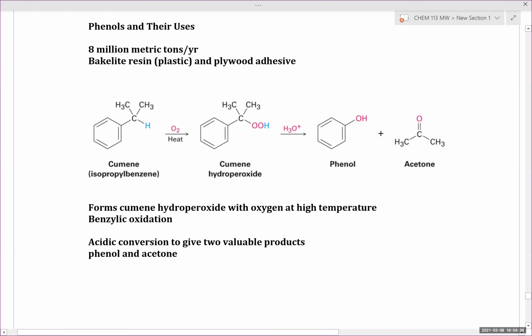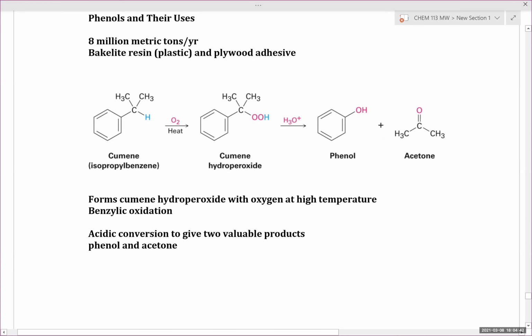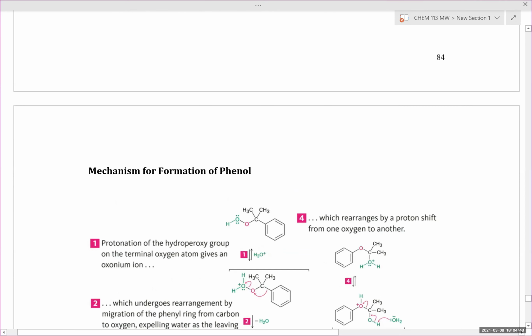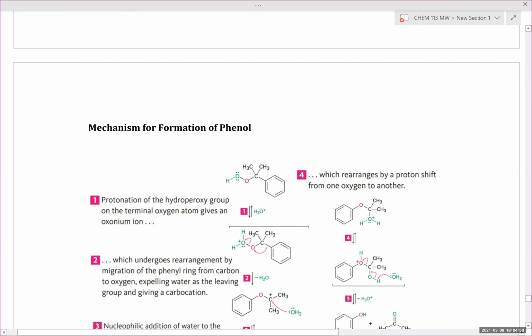So let's try to rationalize the mechanism for this reaction. First and foremost, when we start off with isopropyl benzene, we have a highly activated benzylic hydrogen.